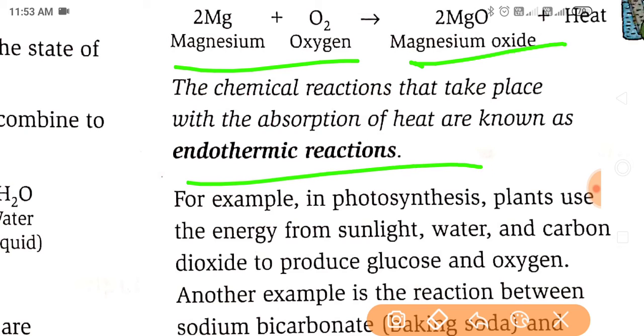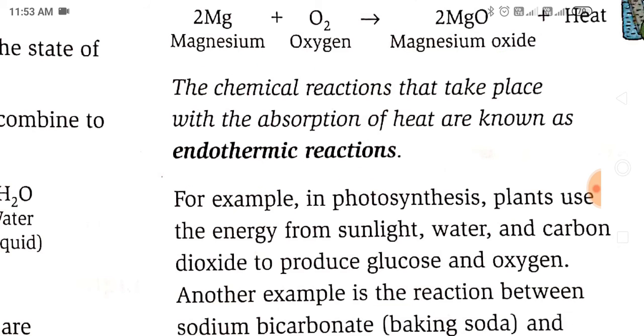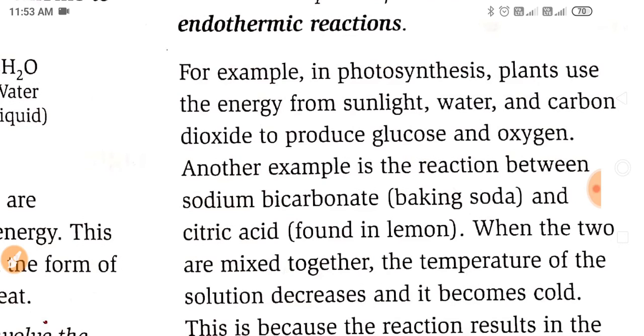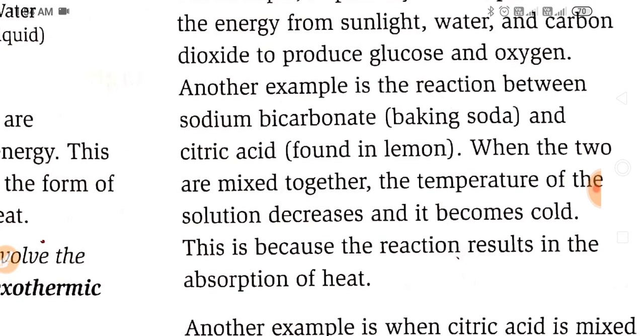Next, the reactions that take place with the absorption of heat, or that require heat to initiate the reaction, are known as endothermic reactions. For example, in photosynthesis, plants use the energy from sunlight, water, and carbon dioxide to produce glucose and oxygen. This is a very simple example. Another example is the reaction between sodium bicarbonate, known as baking soda, and citric acid found in lemon.